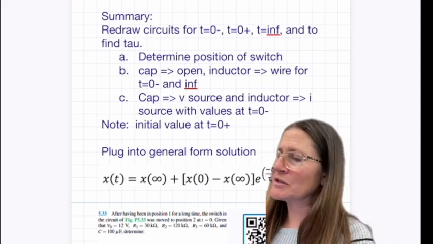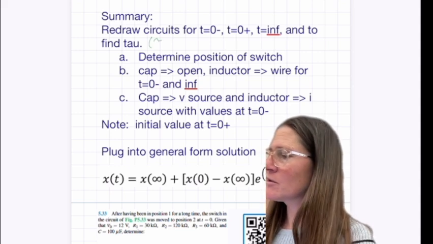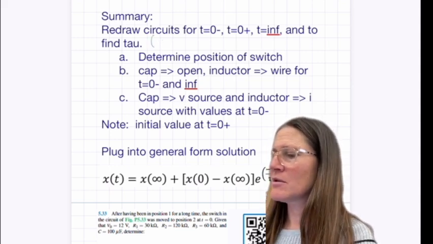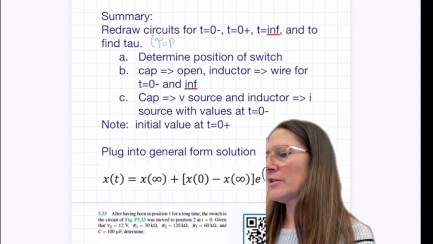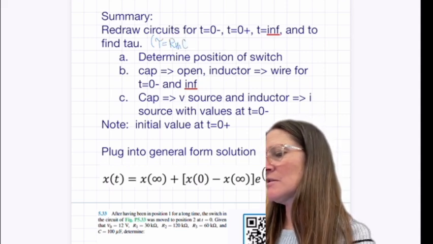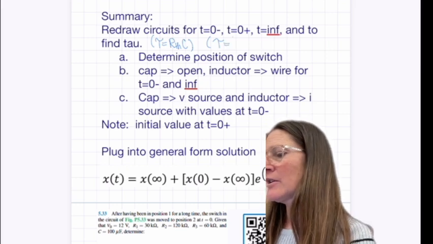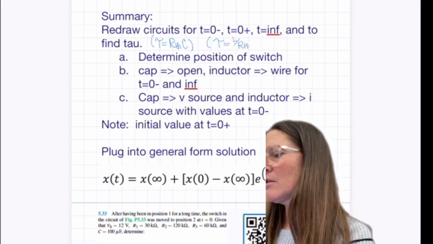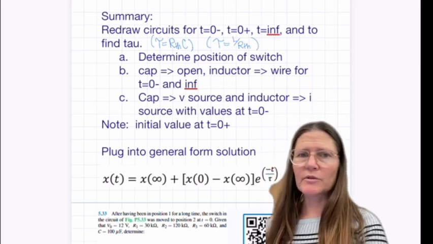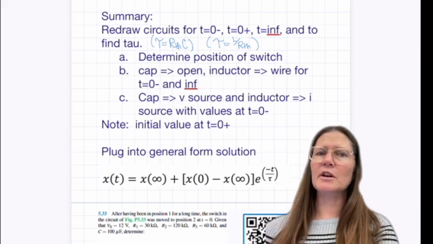And I forgot to put, tau is R Thevenin times C for a capacitor, and then it's L over R Thevenin for an inductor.